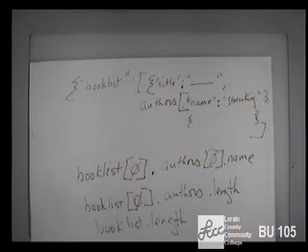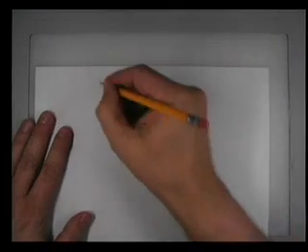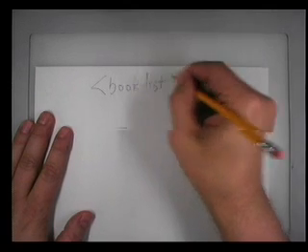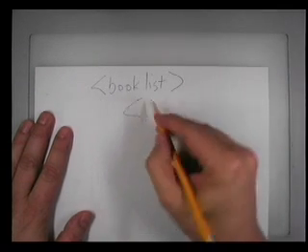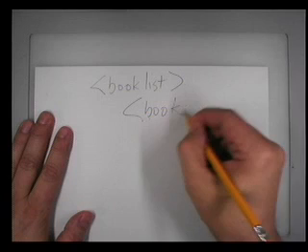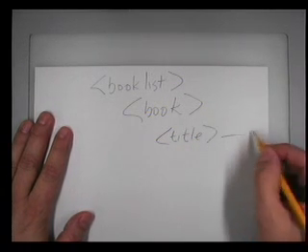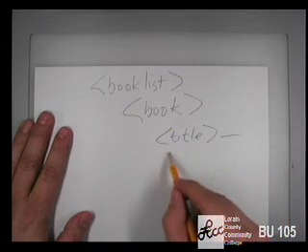Now, what about XML? All right. Let's consider how the XML for that might look. We might have our book list and then have a book, maybe a title, and so on.